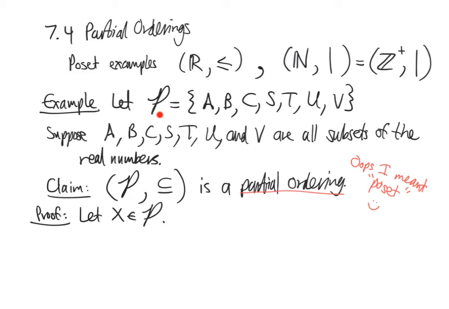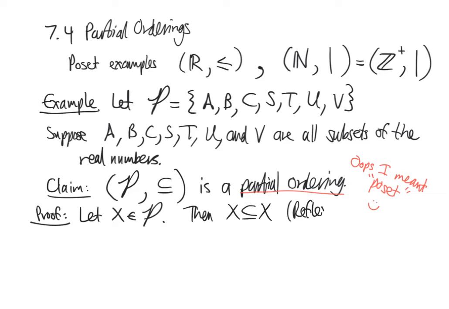It actually makes sense to define a set P where the elements of that set themselves are sets. So I'm picking X to be a generic element of the set P. And what do I know? I know that X is a subset of itself. We can use chapter 4 techniques to verify that.